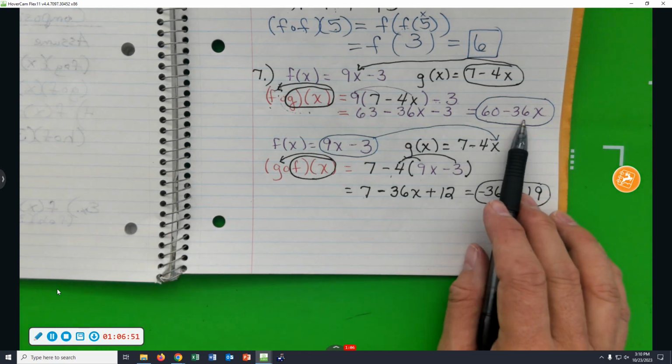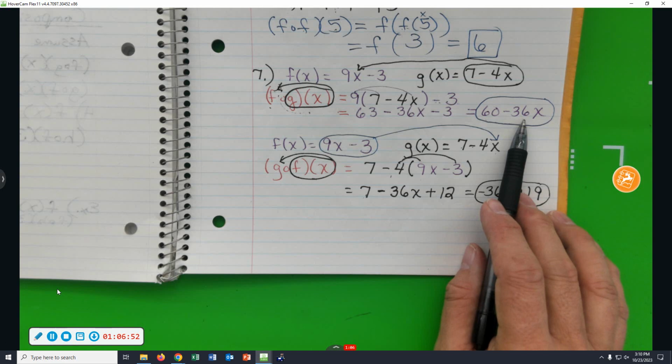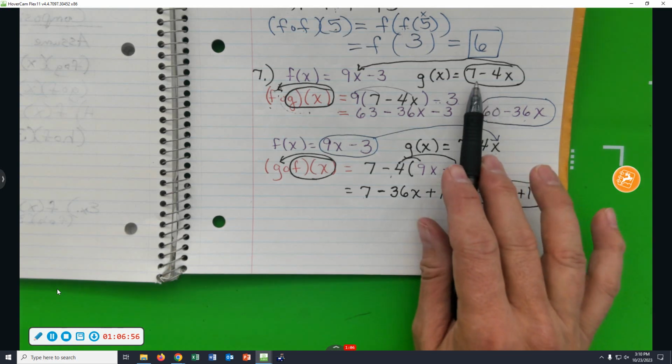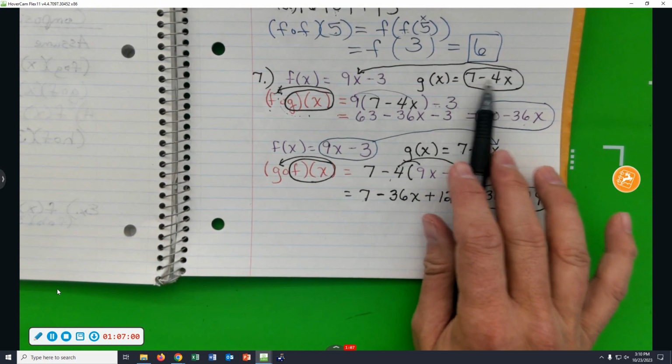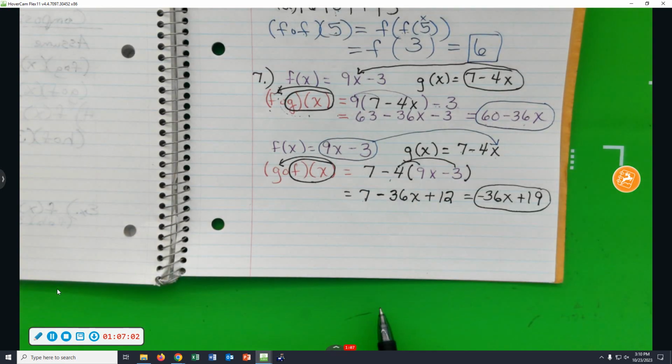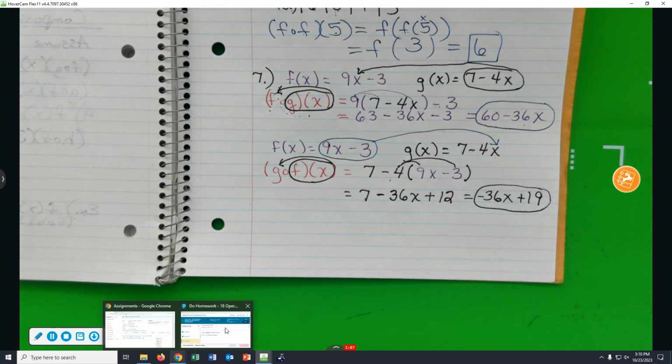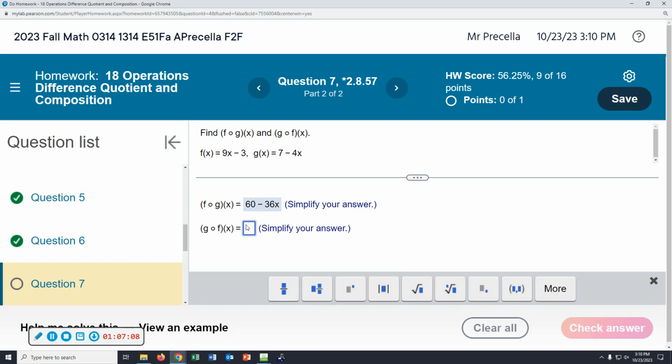This 19 minus 36x, someone might be inclined to write 24x, which would not be right. Just like the 7 minus 4x, someone might be inclined to write 3x, which isn't correct. But patch that in. Negative 36x plus 19.